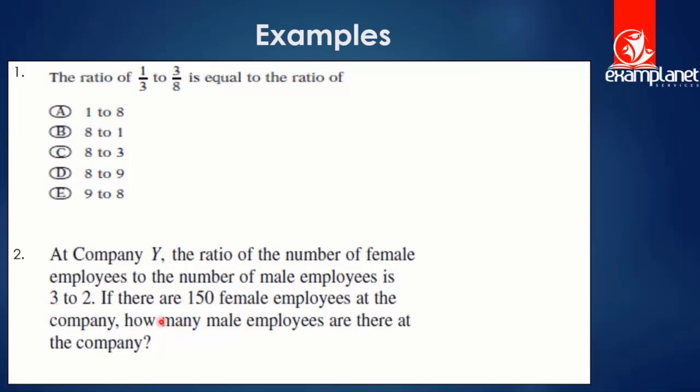So automatically, the number of males will also be the ratio of males times 50, which means 2 times 50, and the answer must be 100. As simple as that. You don't even need to hold your pen to calculate anything here. 5 seconds, you pick your answer and you move on. So if the number of females is 150, the number of males must be 100, so the ratio will be 3 to 2. Okay, that's the solution to that.